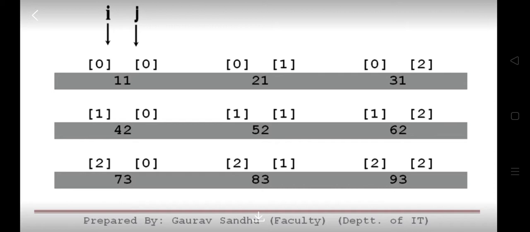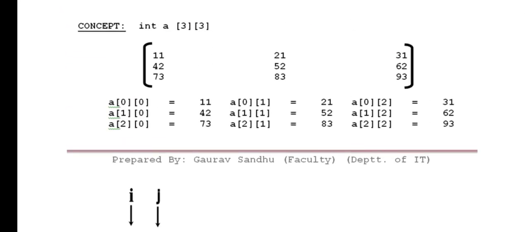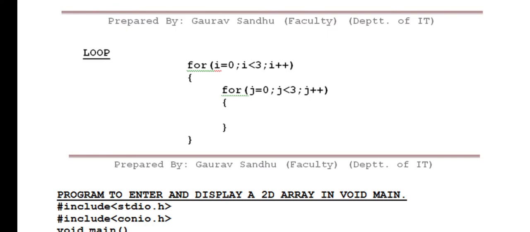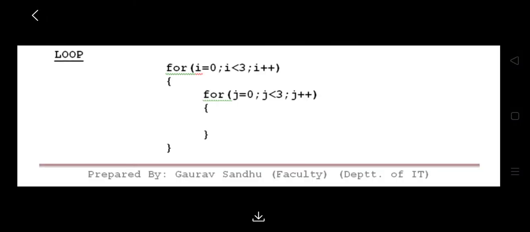Now let's see how this representation, where A00, A10, A20, A01 are stored, is done by using a program. In order to access, or to scanf or printf, a 2D array, we require two for loops.